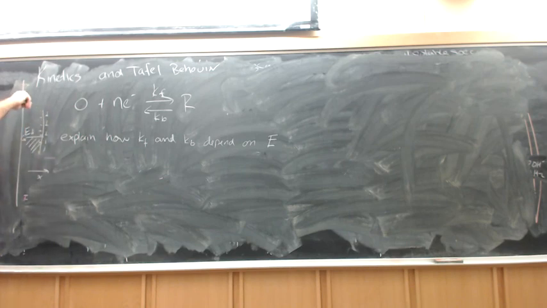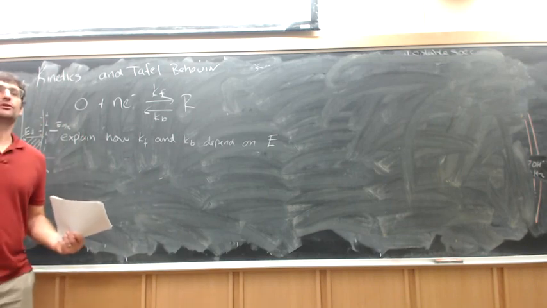If we apply one potential, eventually electrons will go one way. If we apply the other potential, eventually electrons will go the other way, depending on the relative position of these levels. But we didn't really articulate how fast those reactions will occur.